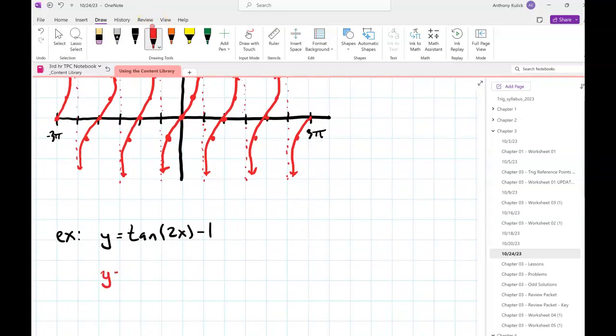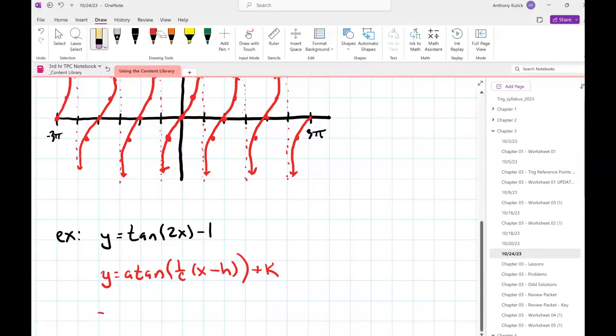Just like all of our other graphing problems that we've talked about, I want to start by writing down the values for A, C, H, and K. Can we do that without rewriting this tangent thing? What do you guys think? Can you look at the equation and just say the values for A, C, H, and K?